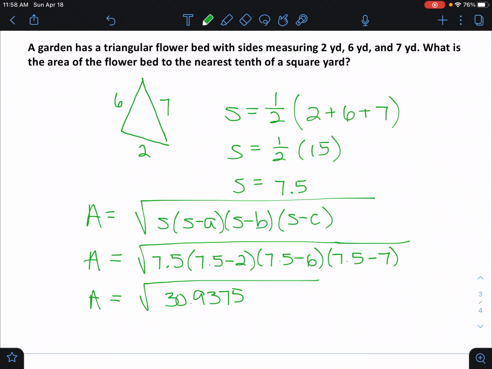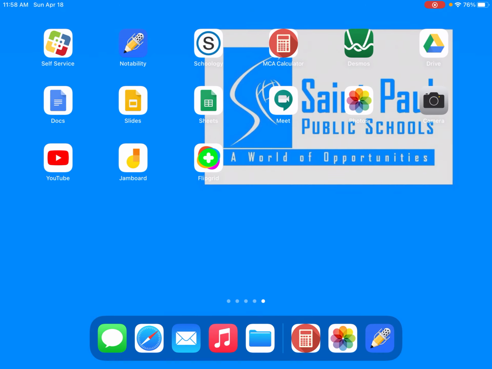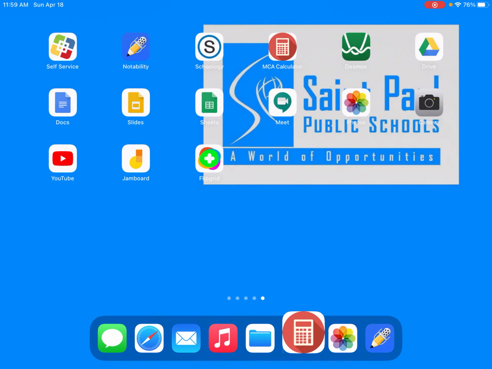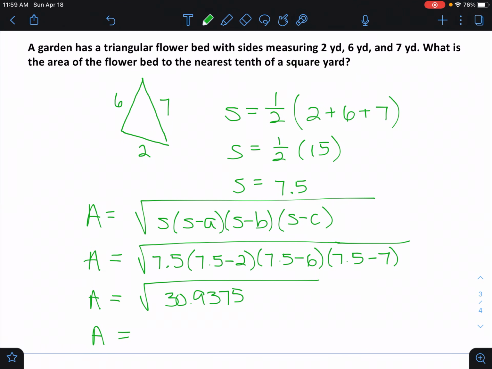Okay, now don't forget here, you got to take the square root. So that's the last thing, is I want to take the square root of that answer. So square root of 30.9375. Using the most accurate value, and we're rounding that to the nearest tenth, so 5.56, which rounded to the nearest tenth would be 5.6.